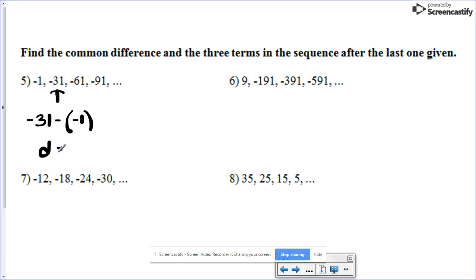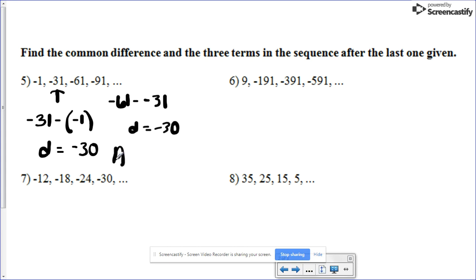And we represent that with a D that stands for common difference. So we're going to keep trying because every single one of these should have the same common difference. And when you do that, you still get -30 as your common difference.